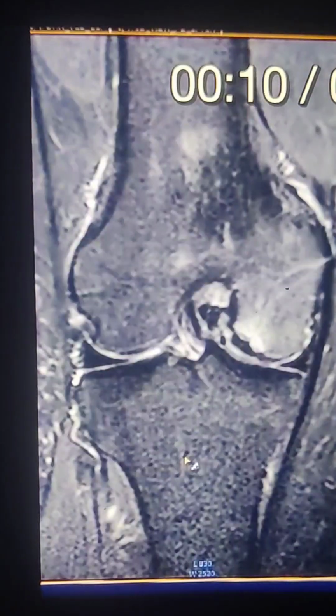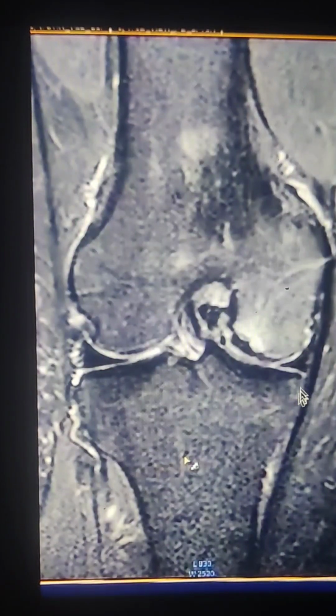On STIR images we can see the edema better. Here this is the articular cartilage, and here this is the defect, and this is the surrounding marrow edema.